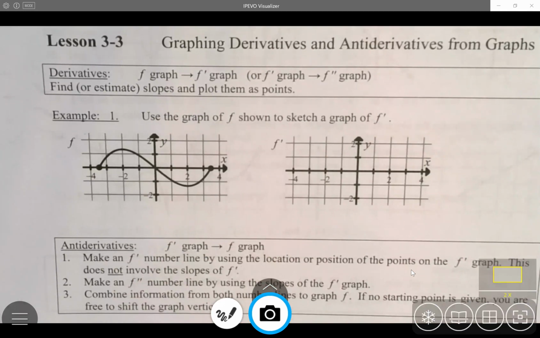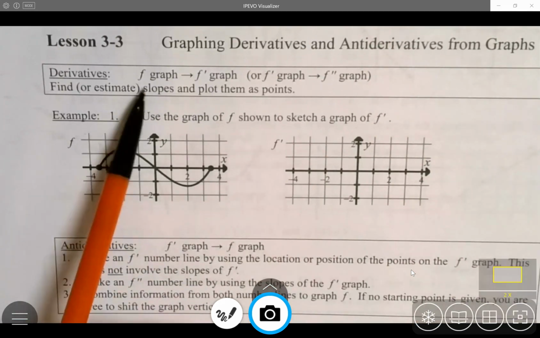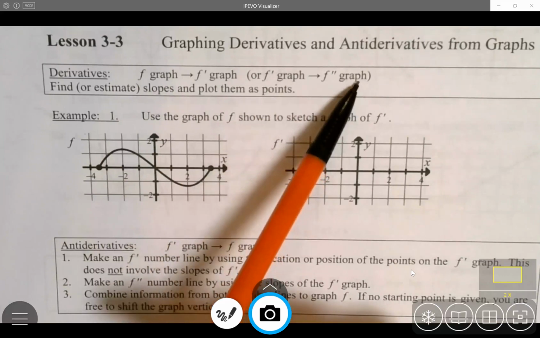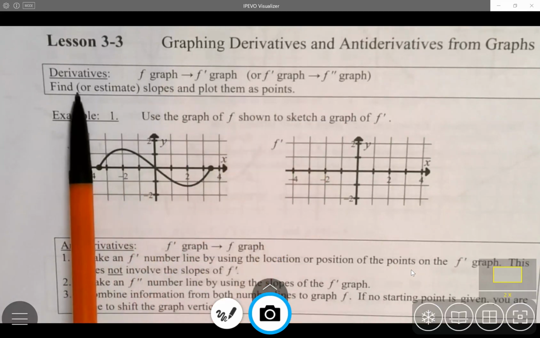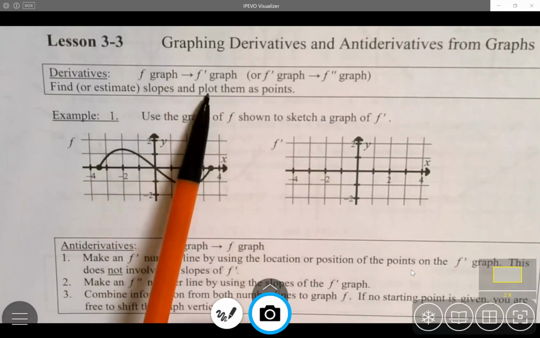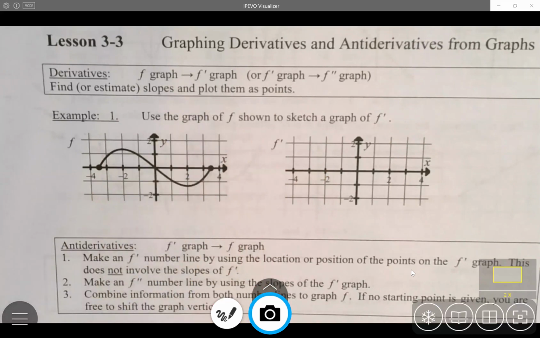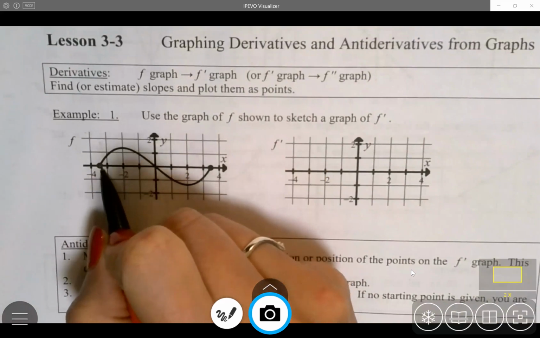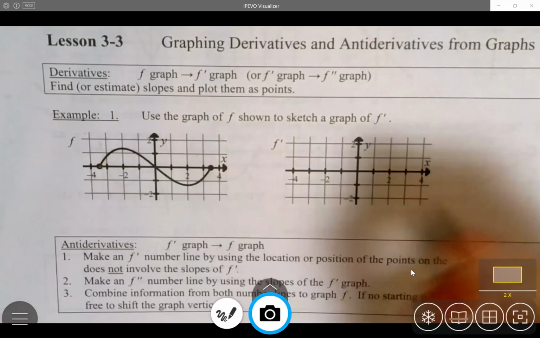actual graph, okay? So the first thing that you need to learn is if I'm going forwards, so if I'm going from an f graph, which is your function, to a derivative, or if I'm going from a first derivative to a second derivative, then all I'm going to do is find slopes at a specific value, okay? So for this right here, I have an x value of negative 3.5.